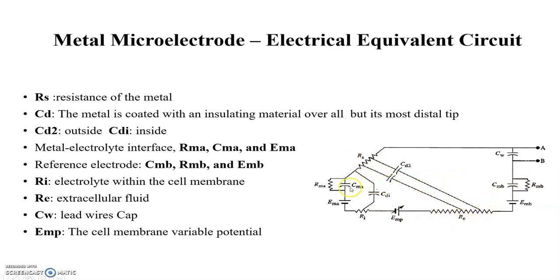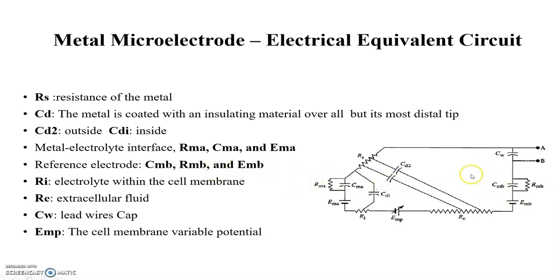RMA, CMA and EMA constitute the impedance of the microelectrode tip to intracellular fluid interface. RMB, CMB and EMB constitute the impedance of the reference electrode to extracellular fluid interface.